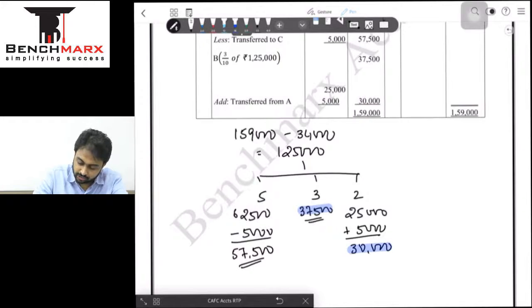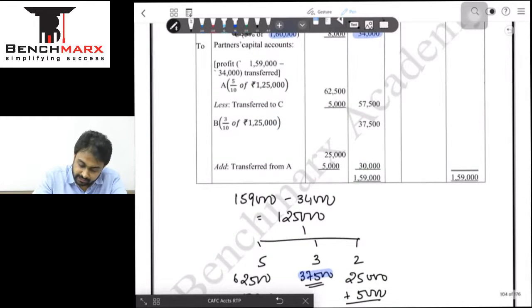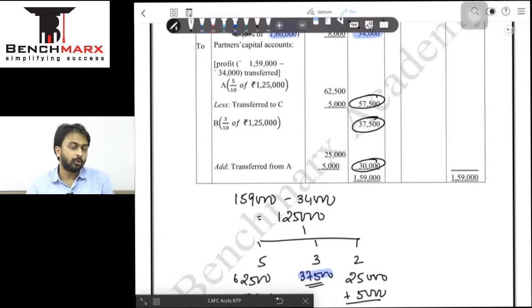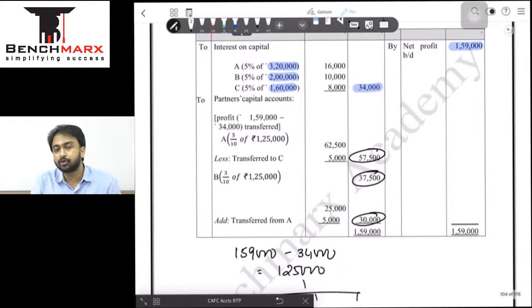As you can see, 57,500, 37,500 and 30,000. This is how the profits are going to be split between the three partners, mainly because of the minimum guarantee given to Mr. C by Mr. A. So reduce the share of profits of Mr. A and give it to Mr. C because of the minimum profit guarantee.